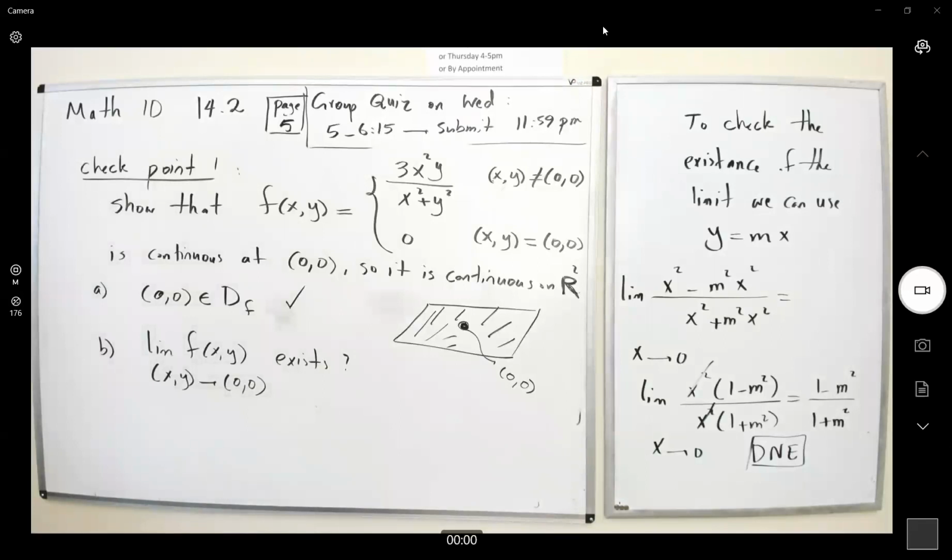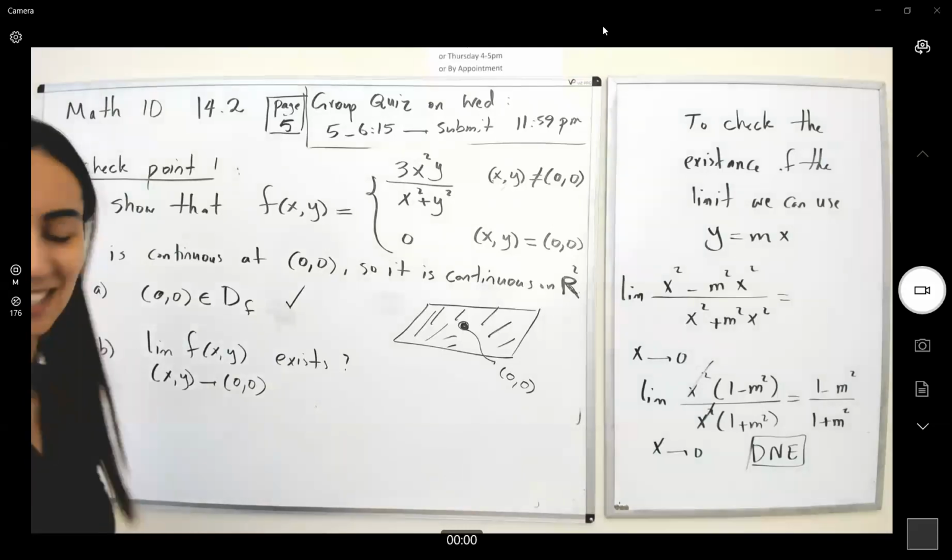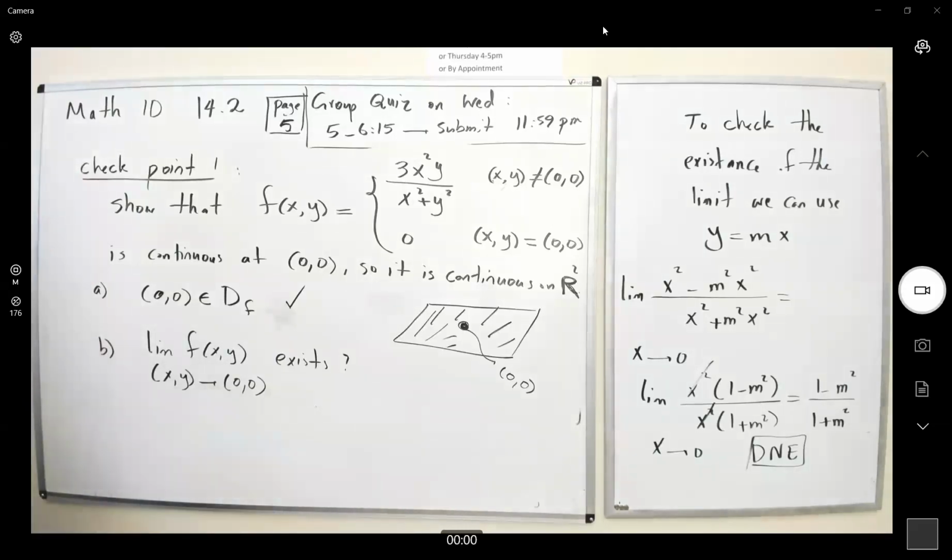Use y equals mx, okay. I used y equals mx as well. Okay, how about the squeeze theorem that we did last week? What's the limit in this case? 0. 0, very good.